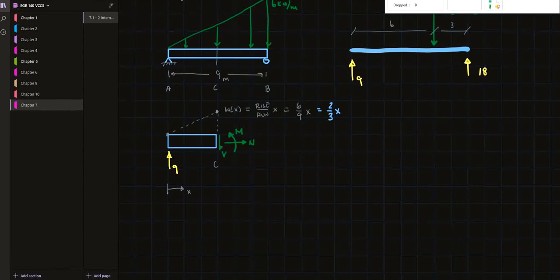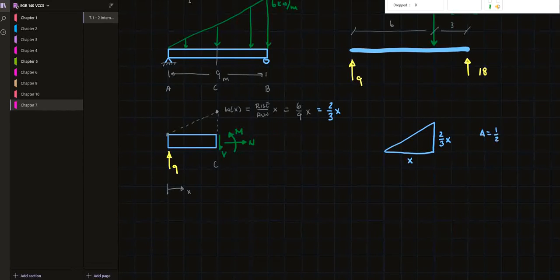Well, if that's what W of x is in our little triangle here, and the distance is x, then we think of a triangle where the height is 2/3 x and the width is x.